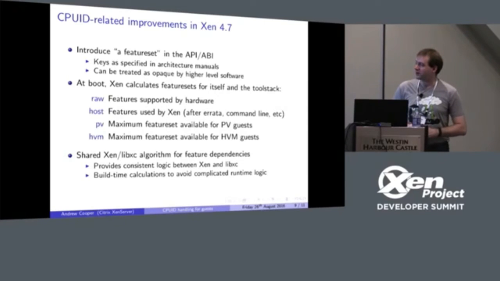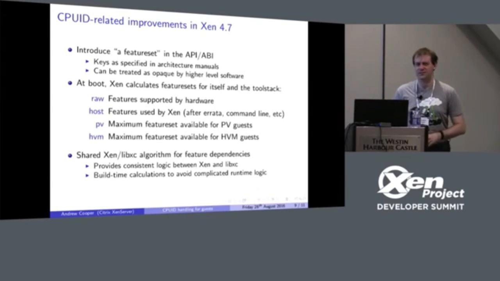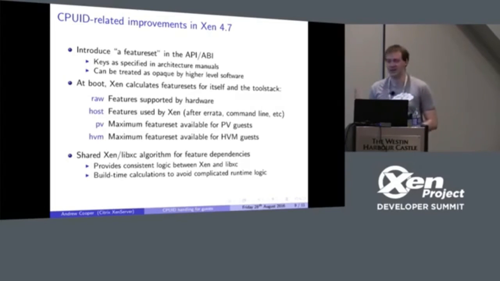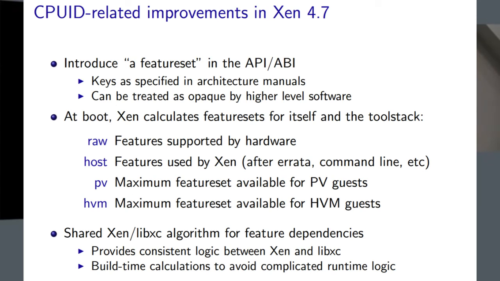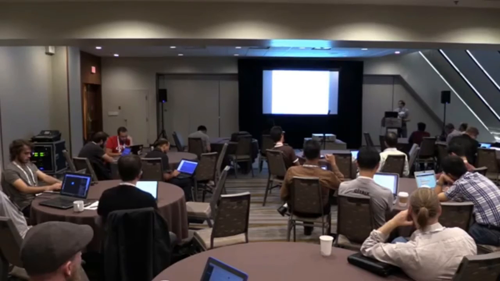They're not quite strict subsets of each other. There's things like the hypervisor bit, where it's a feature you don't see on real hardware, but you are supposed to set for guests. But by and large, for all the functional components of the system, yeah, it is a subset. Are those configuration values, things you configure on the domain or the host level, or are they computed? They're computed.